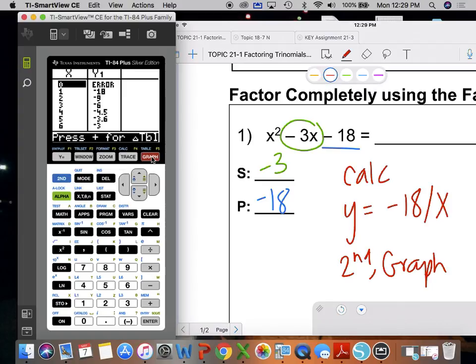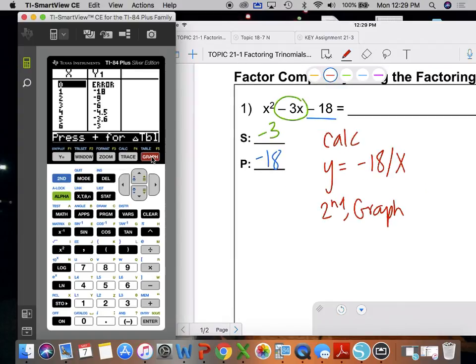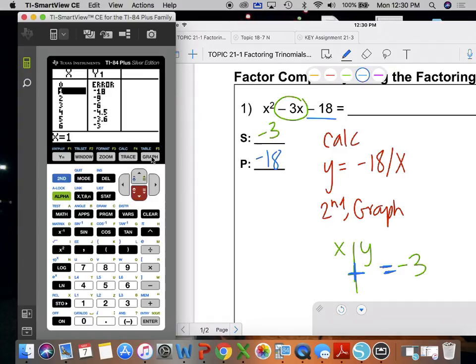I'm then going to click second graph to go to the table. I am searching for an x and a y that add up to -3. Remember, I put the product and then search for two numbers that add to the sum. So 1 plus -18 is not -3. 2 plus -9 is not -3. 3 plus -6 is -3.